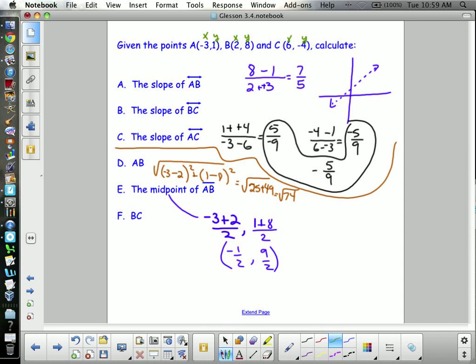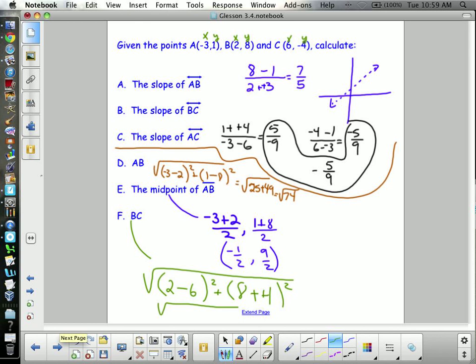Distance for this last one, BC. Okay, we set it up. The x's are 2 and 6. The y's are 8 and negative 4.